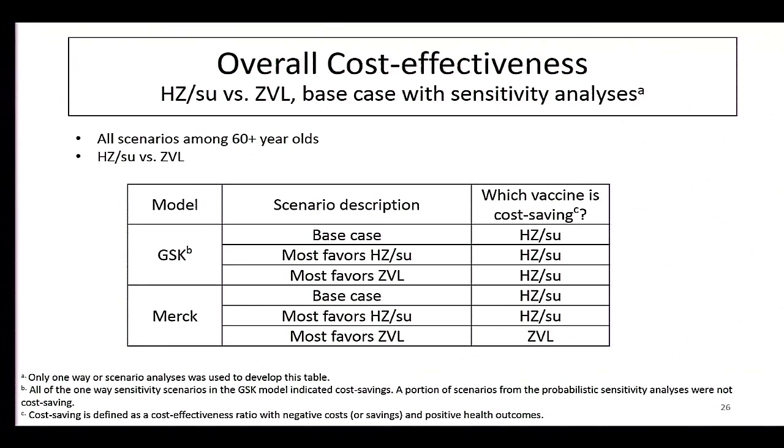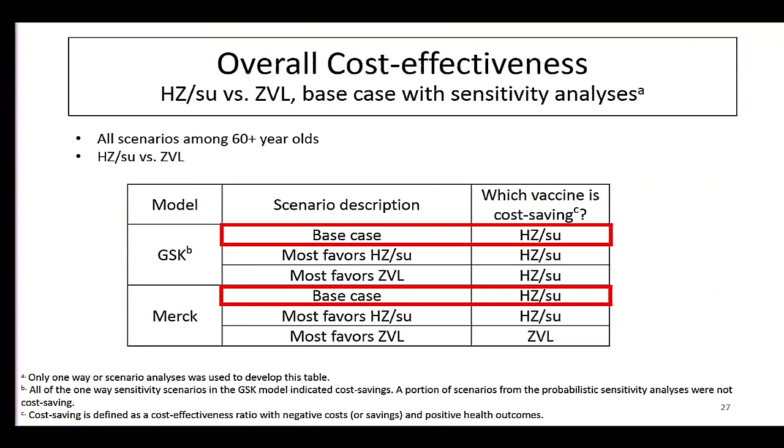Okay, moving on to the head-to-head scenario. So in these scenarios, we're comparing the subunit vaccine to the live vaccine, and we have our models identified here, our scenario descriptions. We have 2 base cases, 1 from each model, and then I picked out scenarios that most favored either the subunit or the live vaccine.